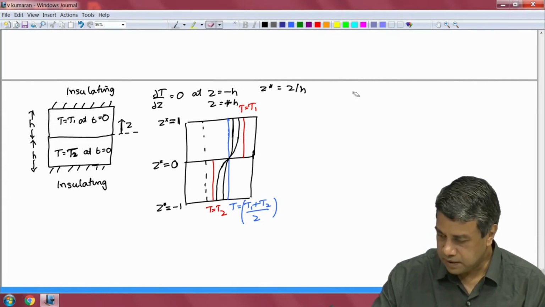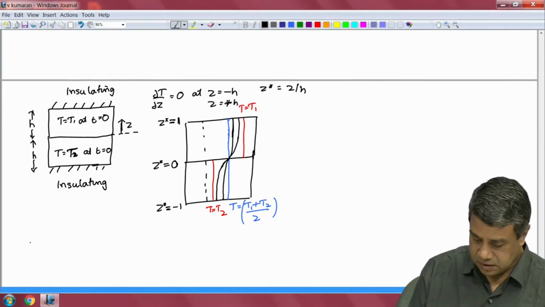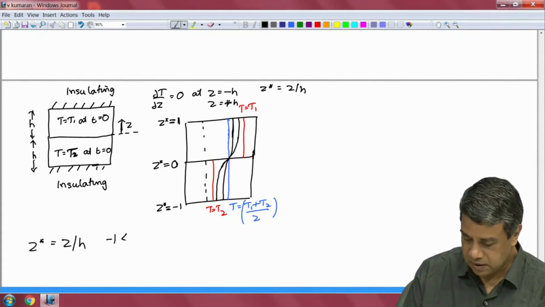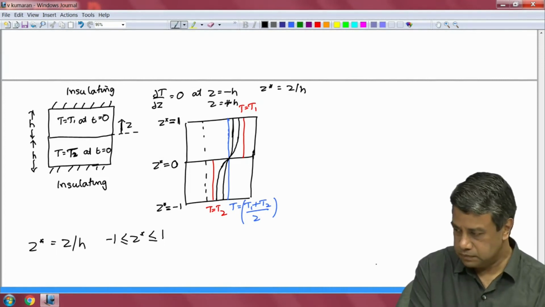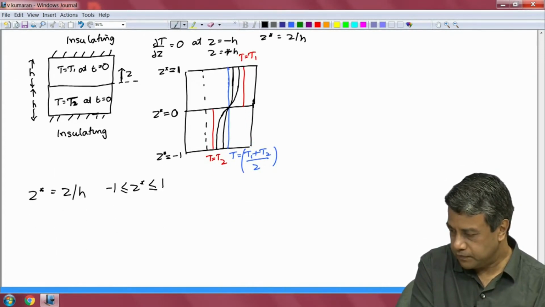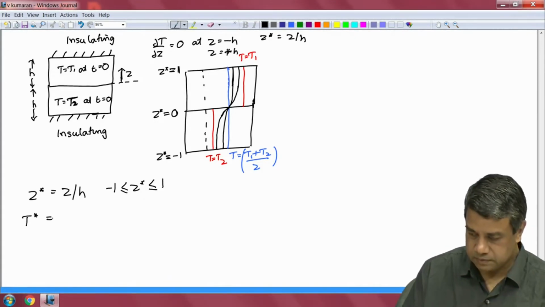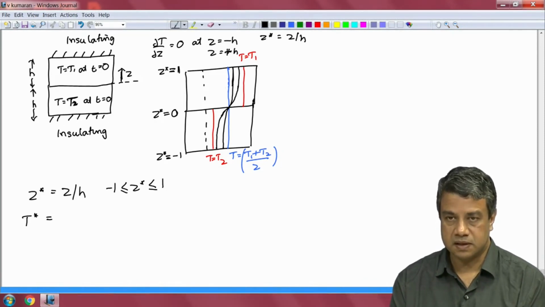So, now we have to define the scaled temperatures. I said that Z star is equal to Z by h. That means that the domain goes from minus 1 less than or equal to Z star less than or equal to 1. What is the temperature? T star. I told you that we have to subtract out the steady temperature in order to get the transient part.